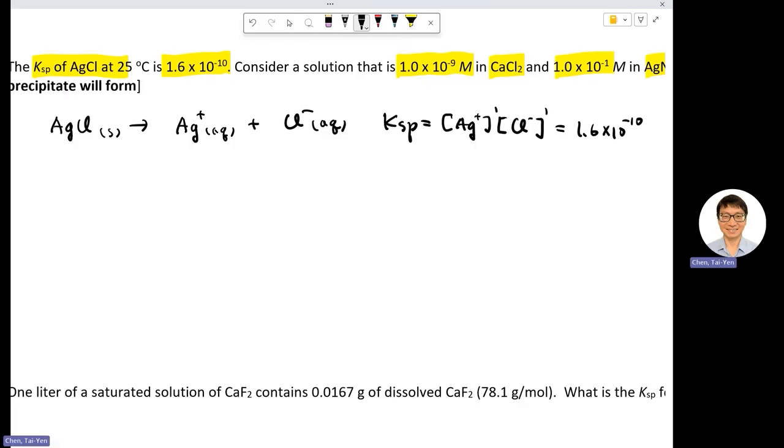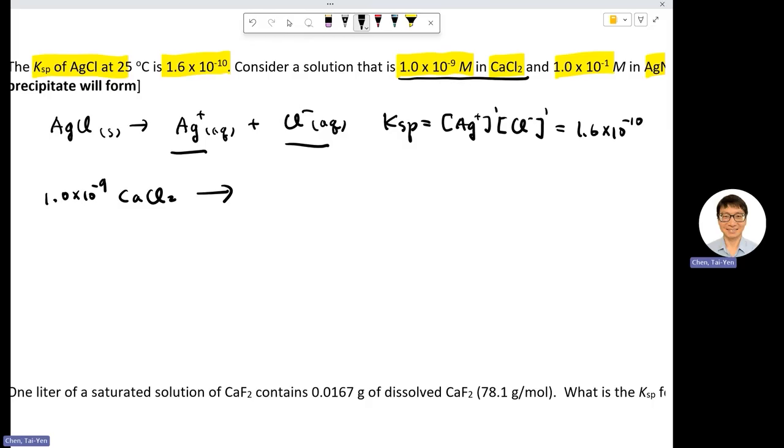The second sentence will start to describe the concentration of these two terms. Okay. So you see, you have the CaCl2. Okay, so 1.0 times 10 to the negative 9 CaCl2.